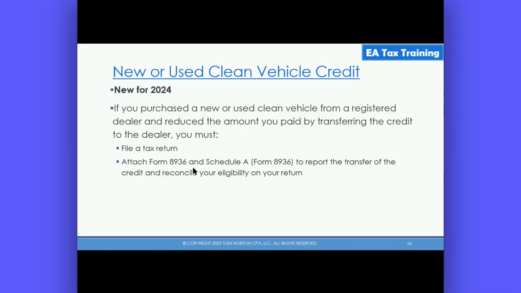So you're just transferring the credit from the one buying the car to the car dealer. This allows the person buying the car to get the benefit of the credit earlier rather than having to wait to file their tax return. But if they do that, they have to file a return and they have to file this Form 8936.